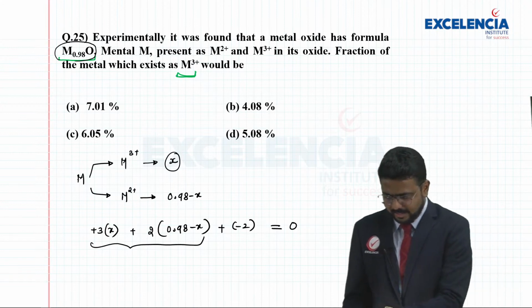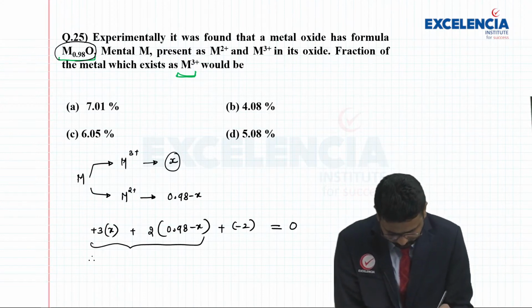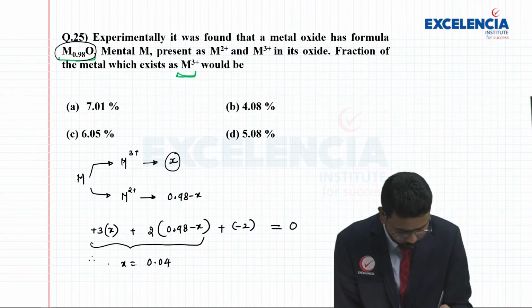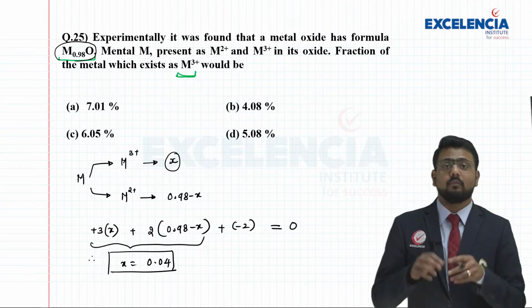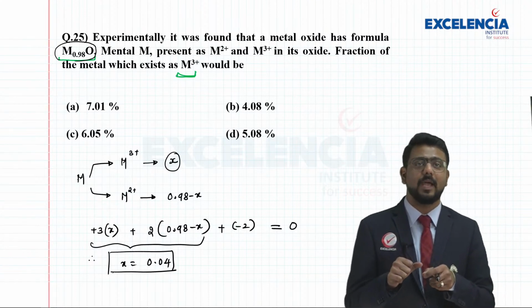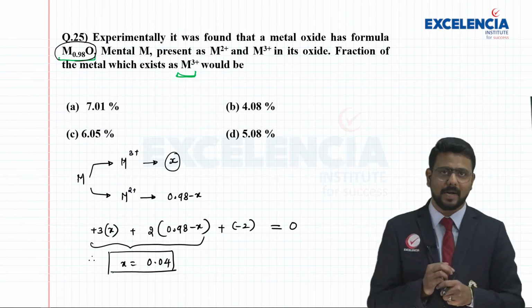Now here you will realize that the value for X will come out to be 0.04. When you do this calculation, it is coming out to be 0.04. Now this is the amount of M3+, X, which is present in a given sample of metal, right?